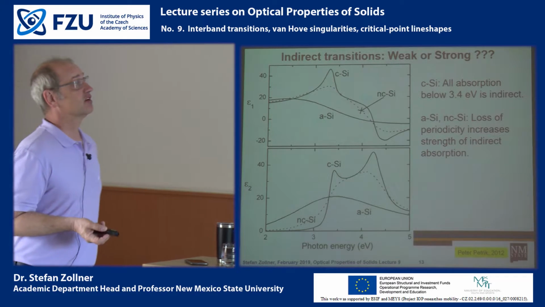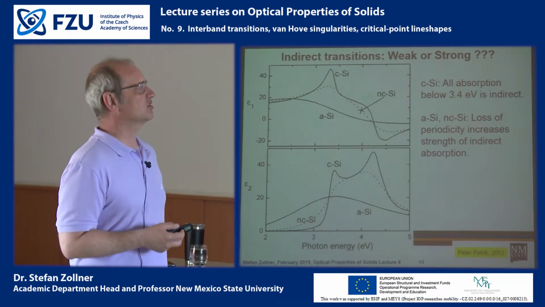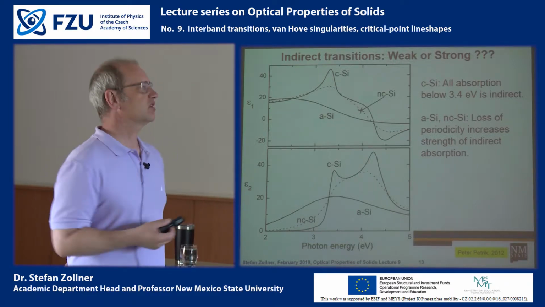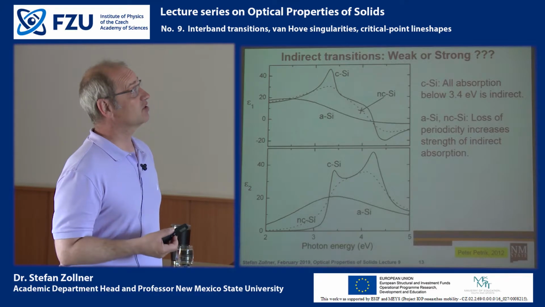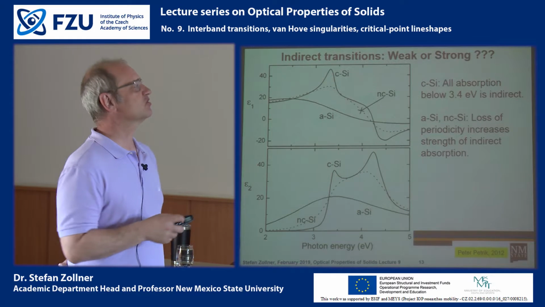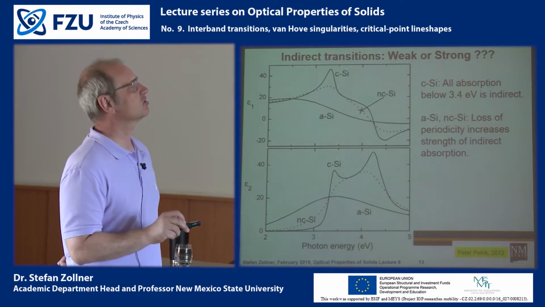So the loss of periodicity increases the strength of the indirect transition, and we can do the same if, instead of using an amorphous material, we study semiconductor alloys. We also see a strong increase of indirect transitions.